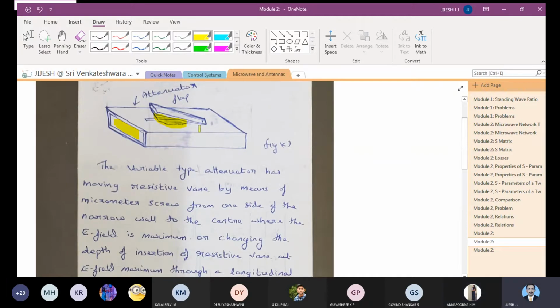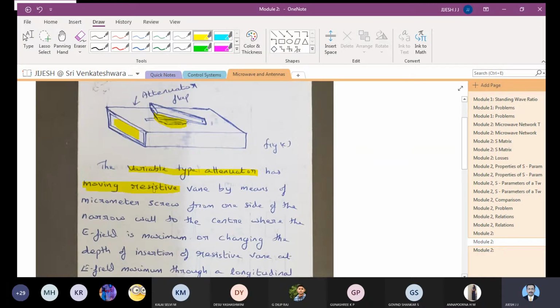So we are going to discuss this variable type attenuator. The main focus, as I have told you, is the moving resistive film, and that is what it is going to do here. We are going to adjust the resistive film as and when it is required. So this variable attenuator has a moving resistive vane by means of a micrometer screw.